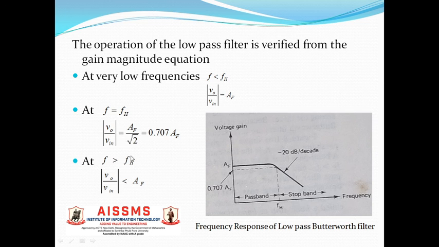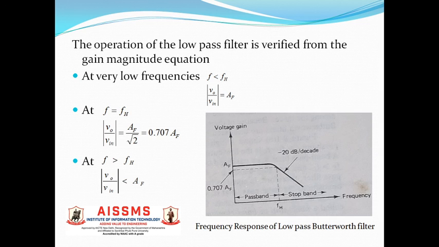And when F is greater than FH, the gain becomes less than AF. It starts decreasing, and it decreases at a constant rate with increase in frequency. That is, when you increase the frequency tenfold, the voltage gain is divided by 10.